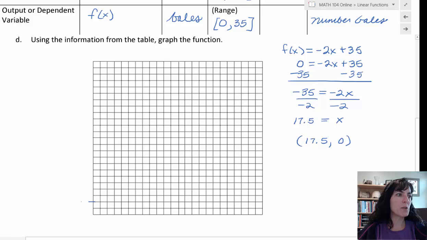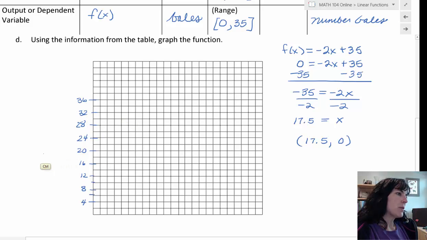So it'd be 2 for the first one, 4 for the second one, 6, 8, and then 12. And I needed to go to 35, so I'll stop at 36. That's plenty. And then I need to write in number of bales of hay.